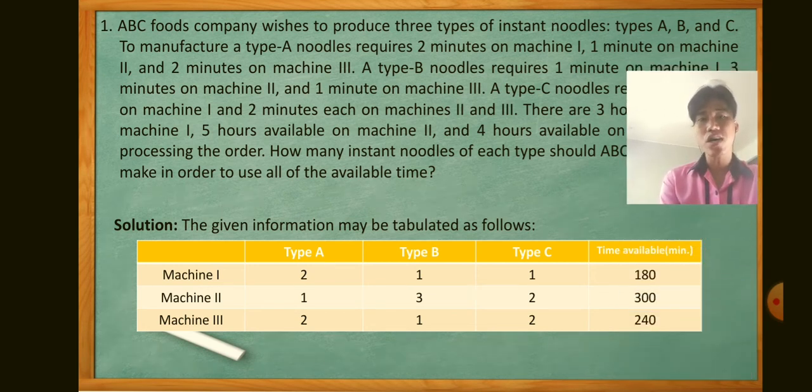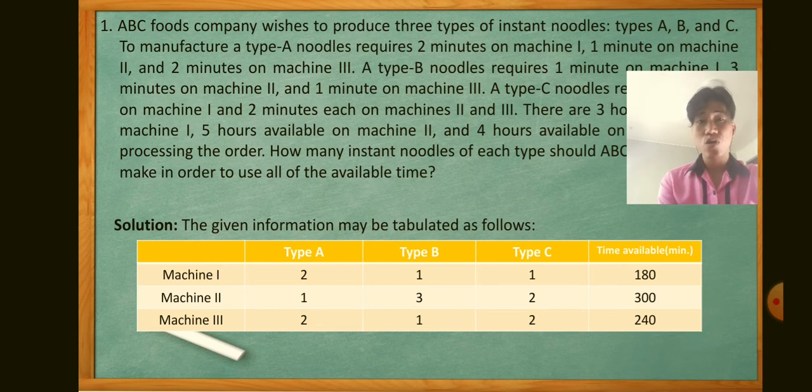Solution: the given information may be tabulated as follows. Here are type A, type B, and type C, and the time available. Machine 1: type A is 2, type B is 1, type C is 1, and time available is 180.